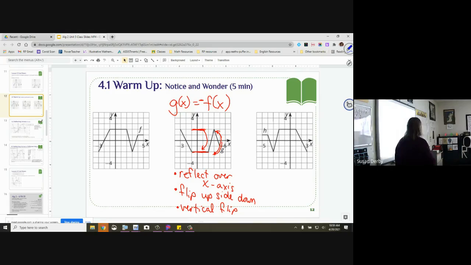Let's see if we can start to break this down into some parts. Or Taylor can help us. Yeah, Taylor, what are you noticing? All right, it flips over the y-axis. How did you know that?